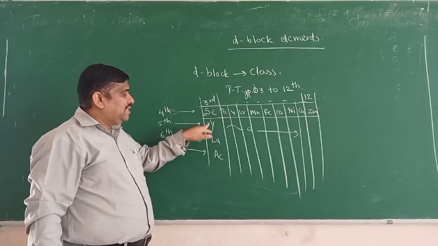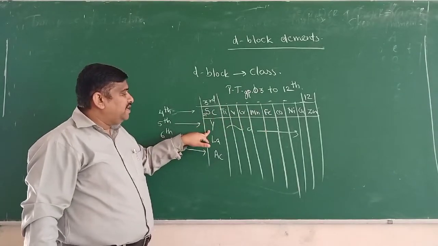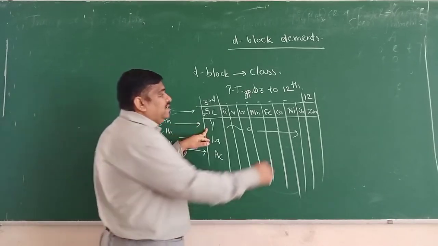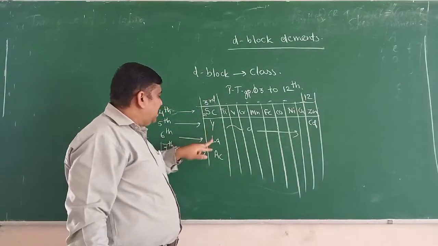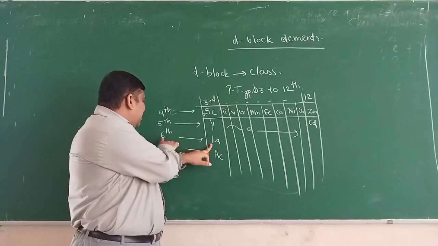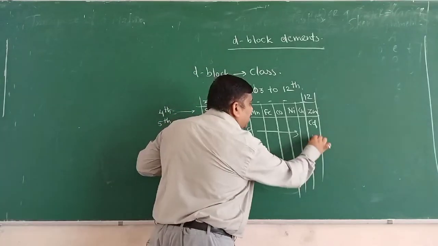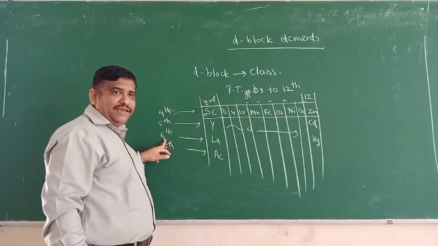Here in the 5th period I will write the starting element and the last element. Yttrium is the starting element in the 5th period and cadmium is the last element. Next, lanthanum is the starting element in the 6th period and mercury is the last element in the 6th period.